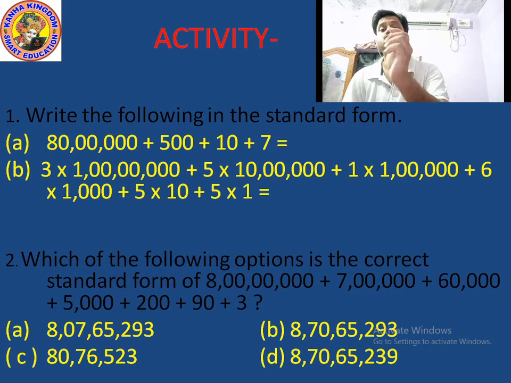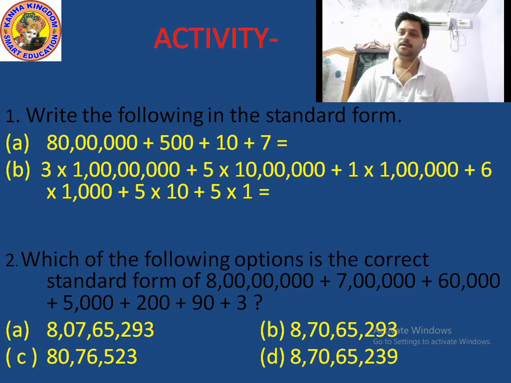Here is only 2 commas, so this is not applicable. Now see the D part, 8,70,65,293. D part also has 3 commas. So out of 4 options, 3 are applicable: A, B and D. C is not applicable because it has 2 commas.